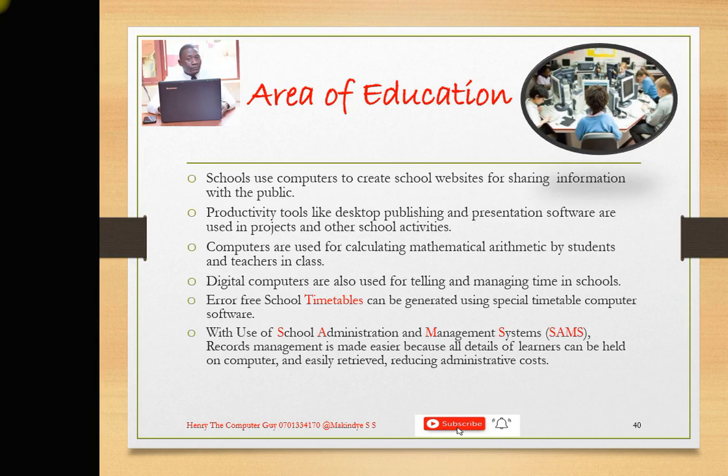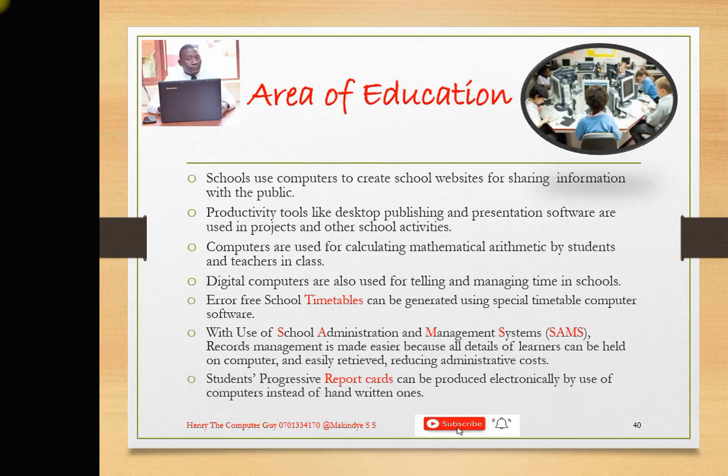Within less than 1 minute, that information will be displayed. So it reduces the expenses the school would have made for buying files for each and every student. We just need one computer where we can include that information, reducing the costs that we would have incurred in due course.